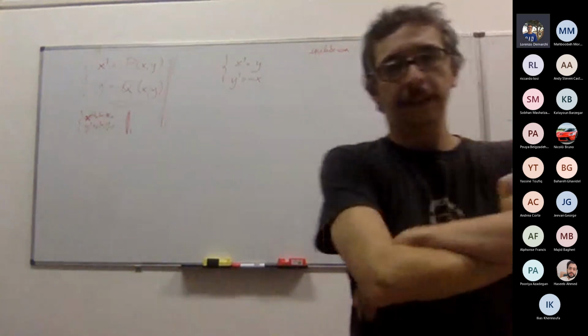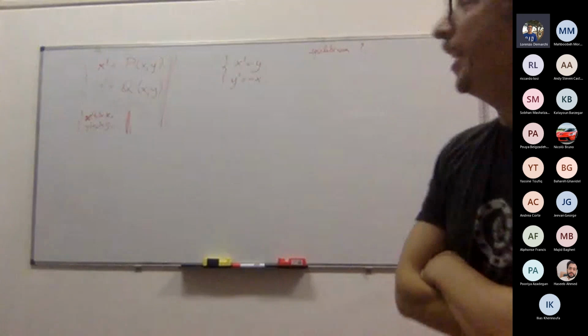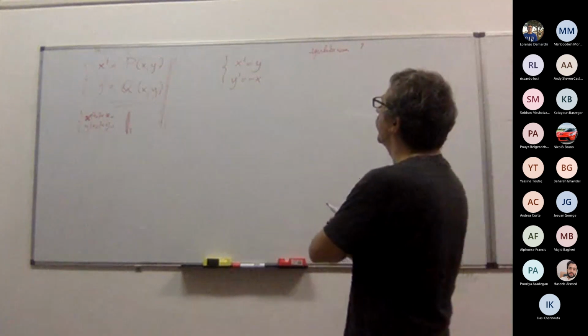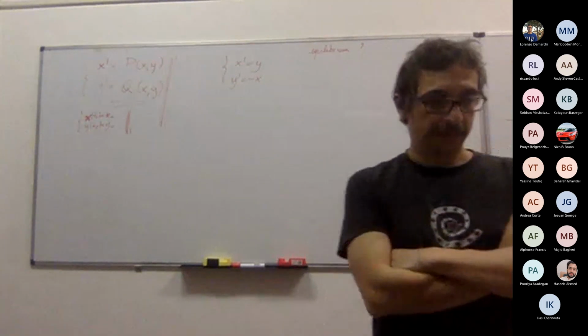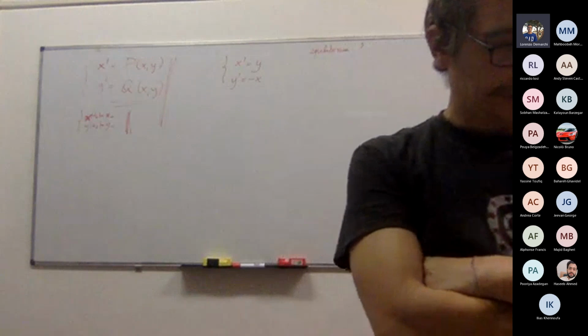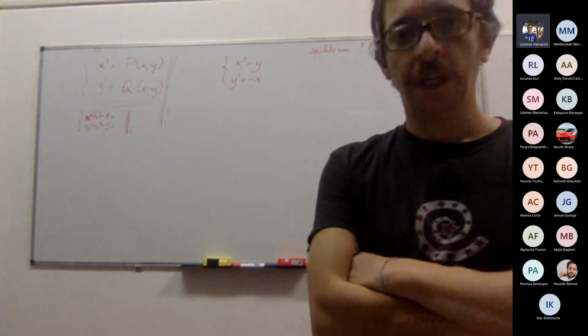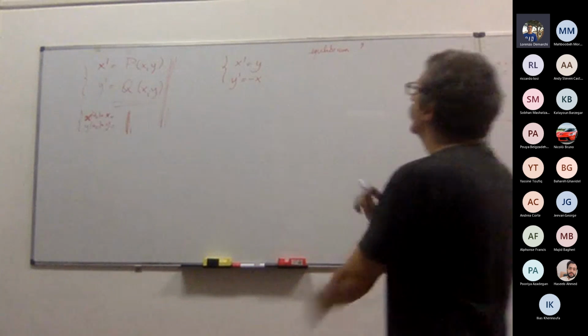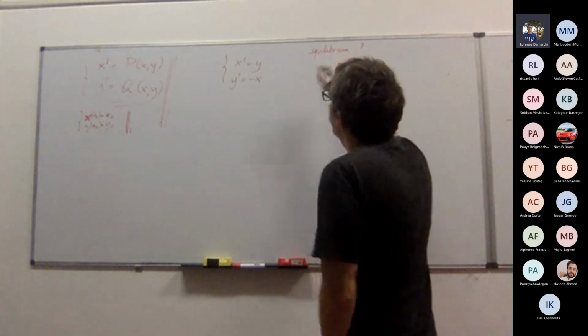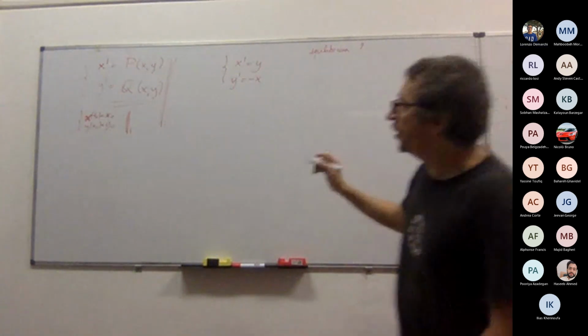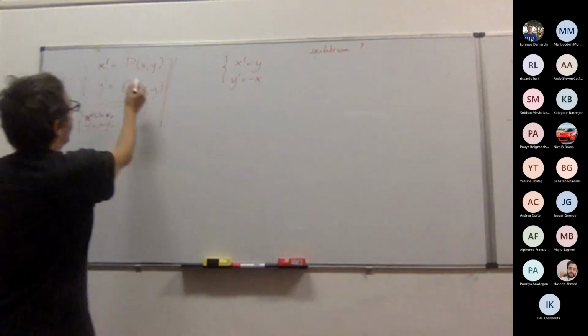It's the origin. That's good. Yes. So the equilibrium is the origin. How do you find it? You have to put the derivatives equal to 0, and so you find y equal to 0 and x equal to 0. That's correct.